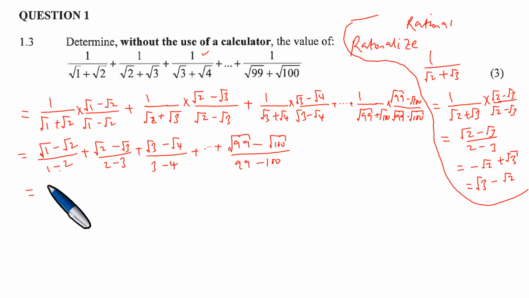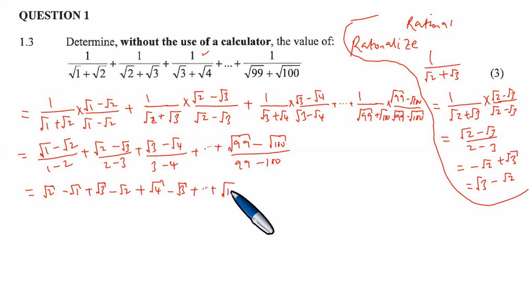Meaning when you divide by minus 1, the negative is going to become positive and the positive term is going to become negative. So this is also minus 1, meaning the negative term is going to become positive and the positive term is going to become negative. You have this one, 3 minus 4 is minus 1, meaning the square root of 4 is going to be positive and the square root of 3 is going to be negative. You must subtract this one here, which is minus 1, meaning you have the square root of 100 minus the square root of 99.